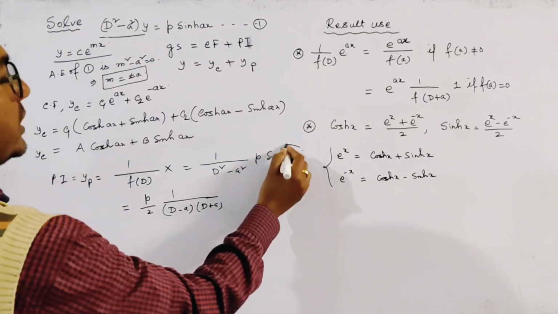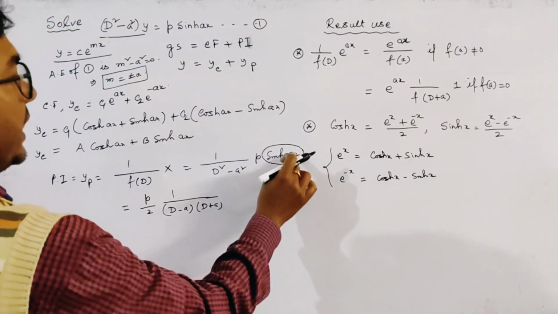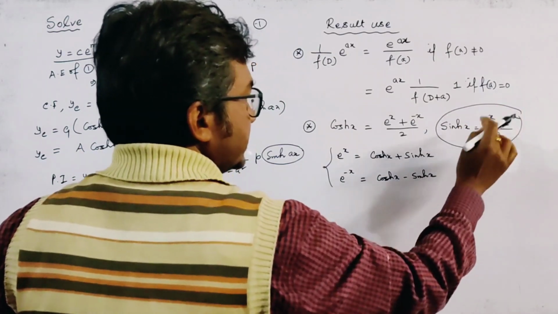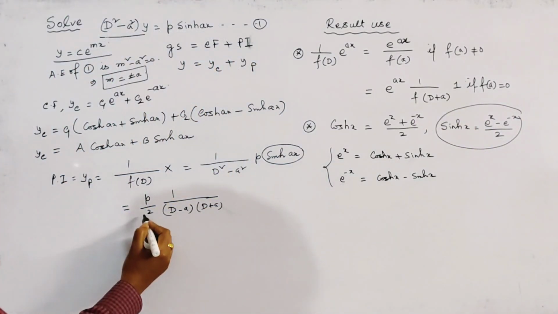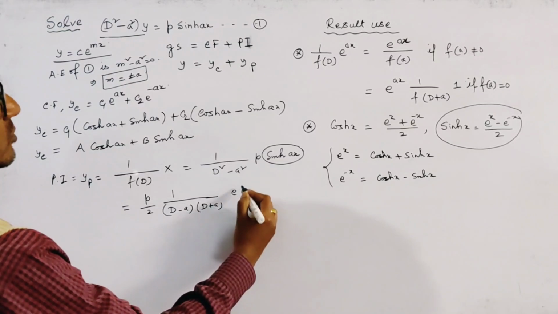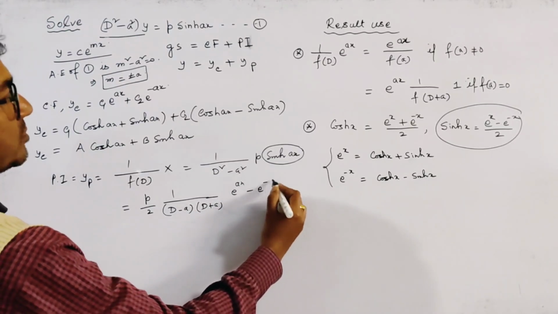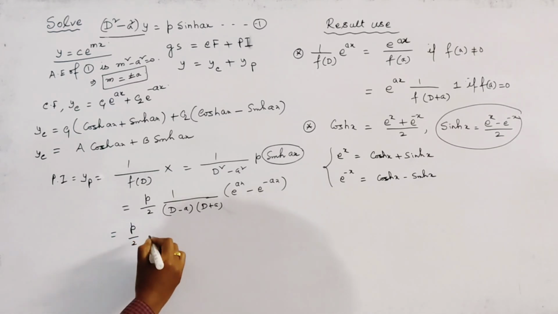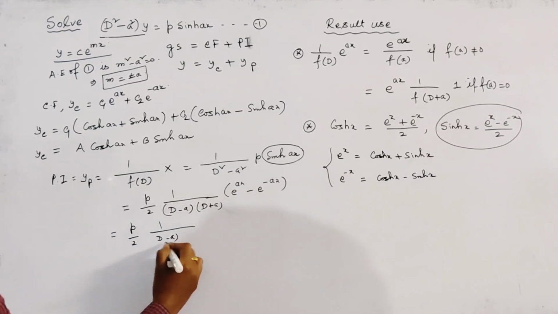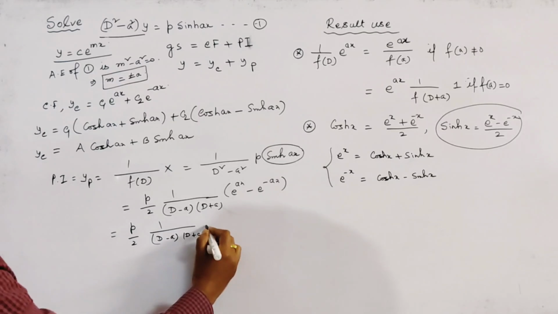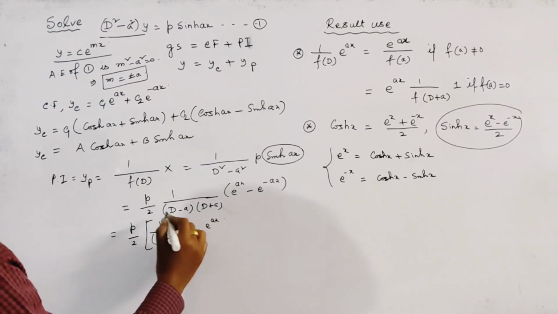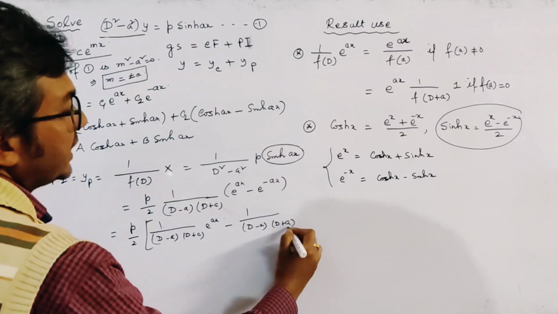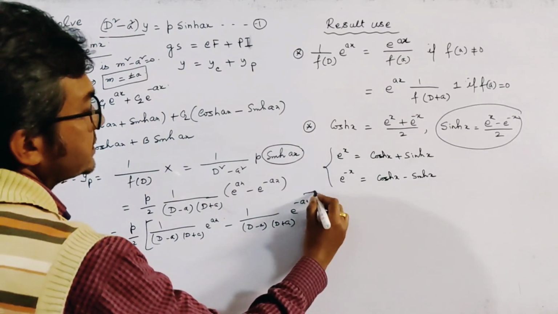We write sinh ax using the formula, with 2 in the denominator, as e to the power ax minus e to the power minus ax. Now this is p by 2 into 1 by (D minus a)(D plus a) acting on e to the power ax, and the second part is 1 by (D minus a)(D plus a) acting on e to the power minus ax.